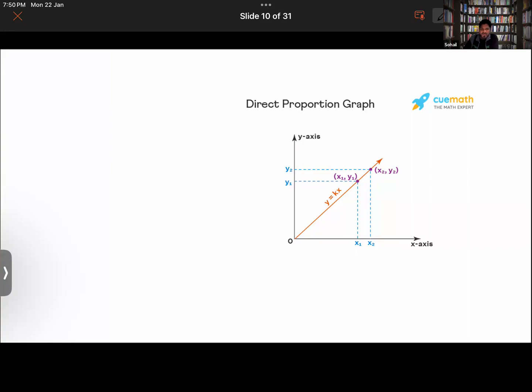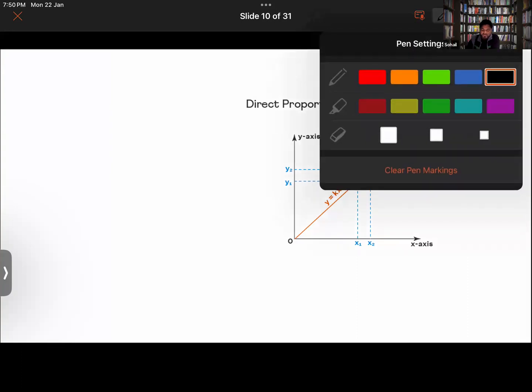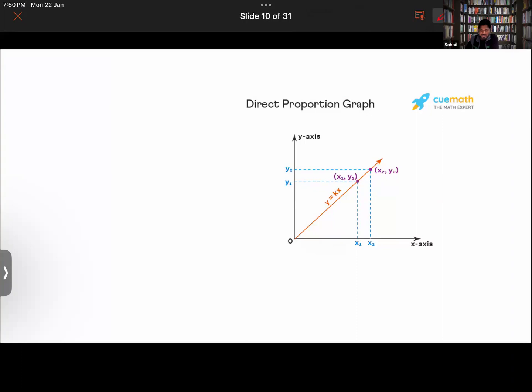Okay, further, if someone asks you to plot a graph between these two values, for example, let's say that you got 100 rupees, and using 100 rupees, you can buy, let's say, 200 pencils. Now, let's say this x-axis represents rupees you have, and y-axis represents pencils which you can purchase from it.